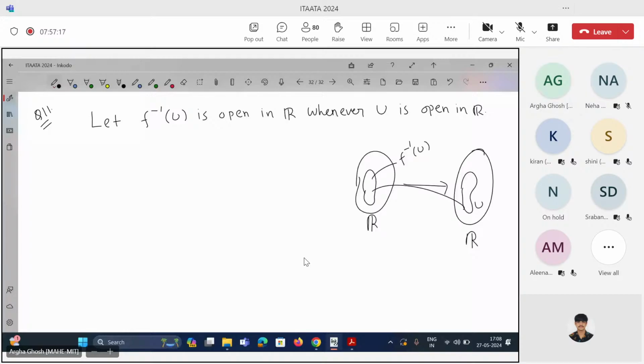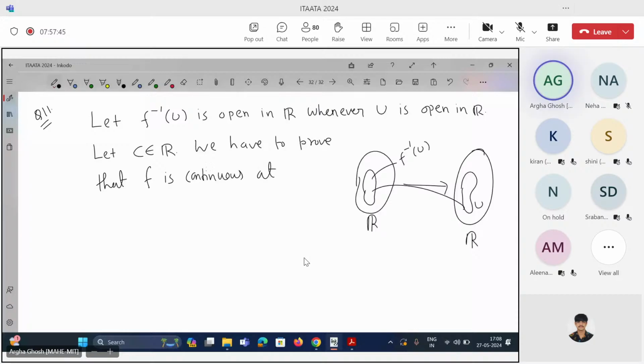So let's take C belonging to R. We have to prove that f is continuous at C. How to prove it?